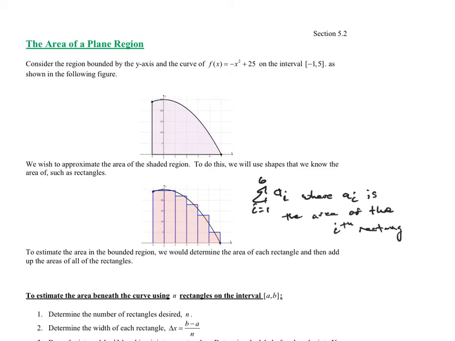So if you look at this, this would be A sub 1, A sub 2, A sub 3, right? A sub 4, A sub 5, and A sub 6 would be that area right there.